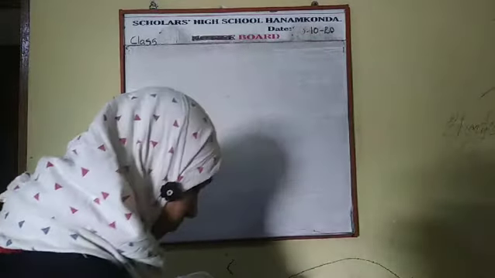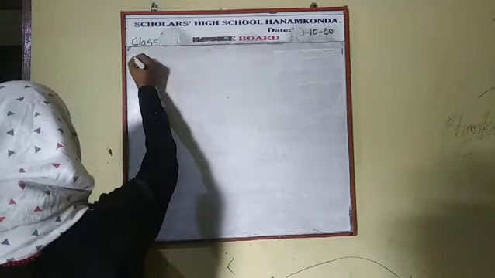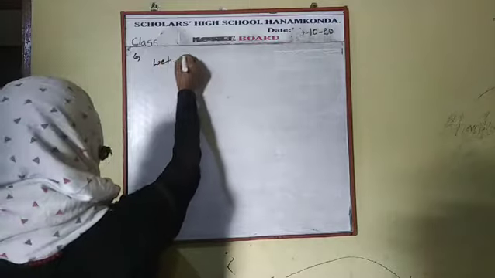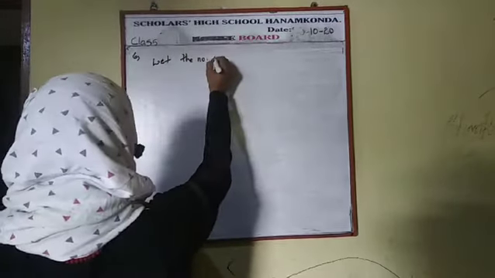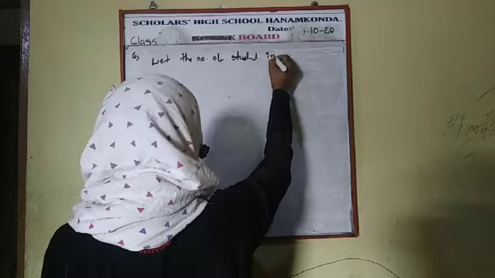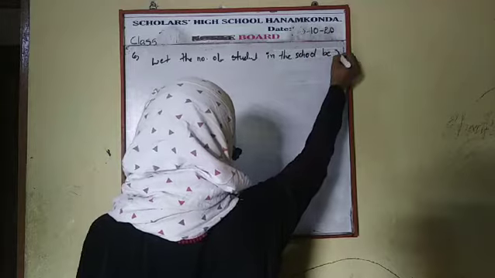Now write down, beta. Sixth problem. Let the number of students in the school be x.